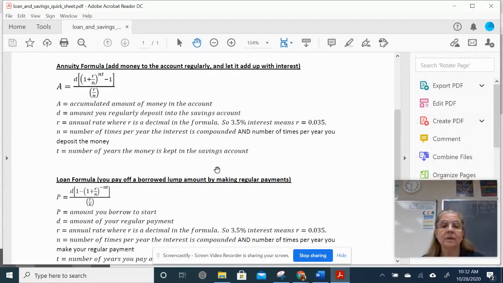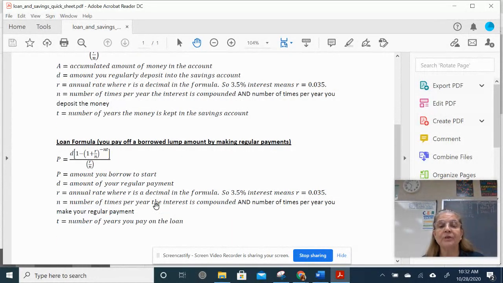P equals, now it's your principal amount, the amount you start off with is D, and then the top is 1 minus 1 plus R over N, close parentheses, raised to the negative N times T, and all of that goes over your rate divided by the number of times. So these two formulas are quite similar. So just take a look at what you have.